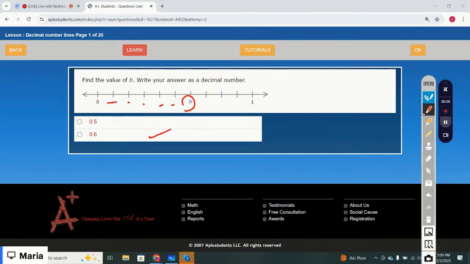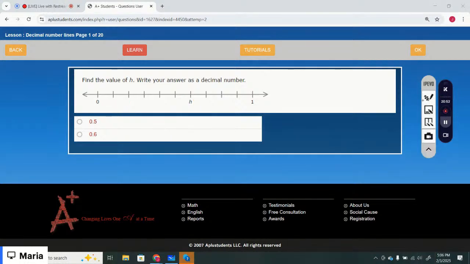Option number 2 is the correct option. The correct option is 0.6. Option 2 is the correct option.